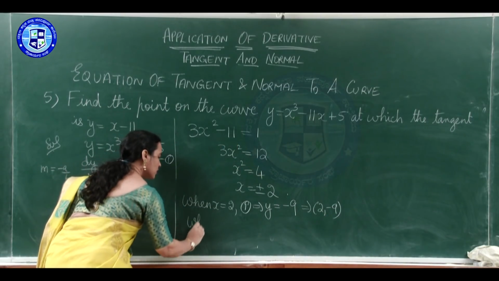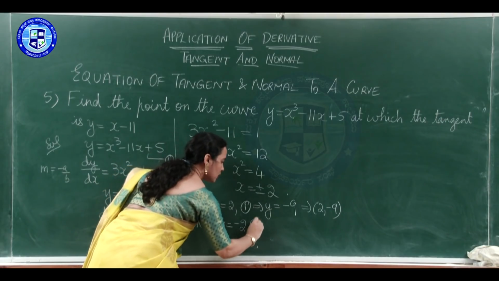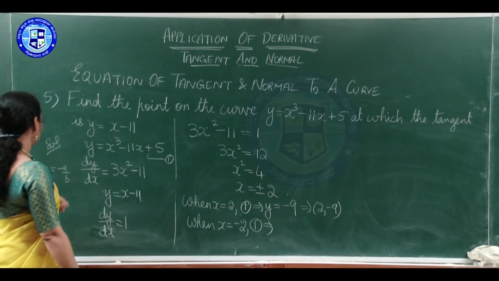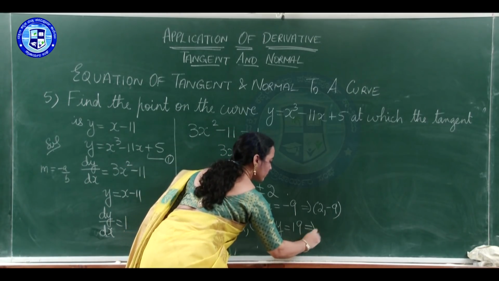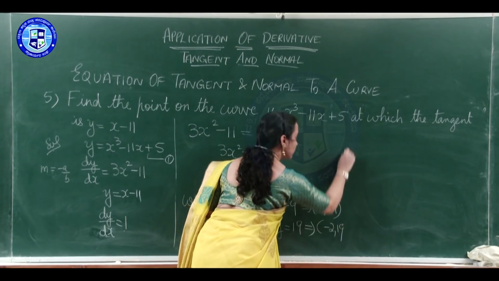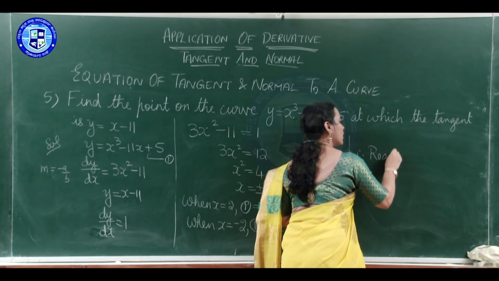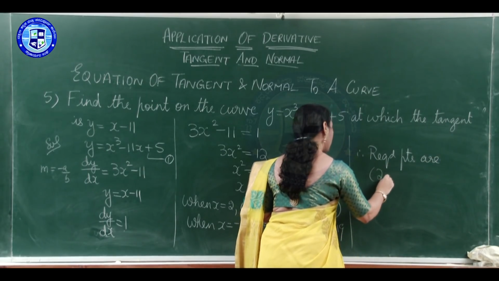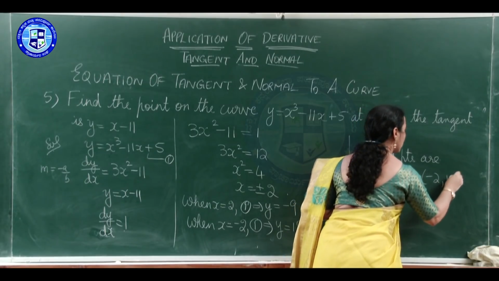Now, substitute x is equal to minus 2 in the given curve equation. So, you will be getting y is equal to 19. That is minus 2 comma 19 will be the point. So, write the conclusion. Therefore, required points are 2 comma minus 9 and minus 2 comma 19.